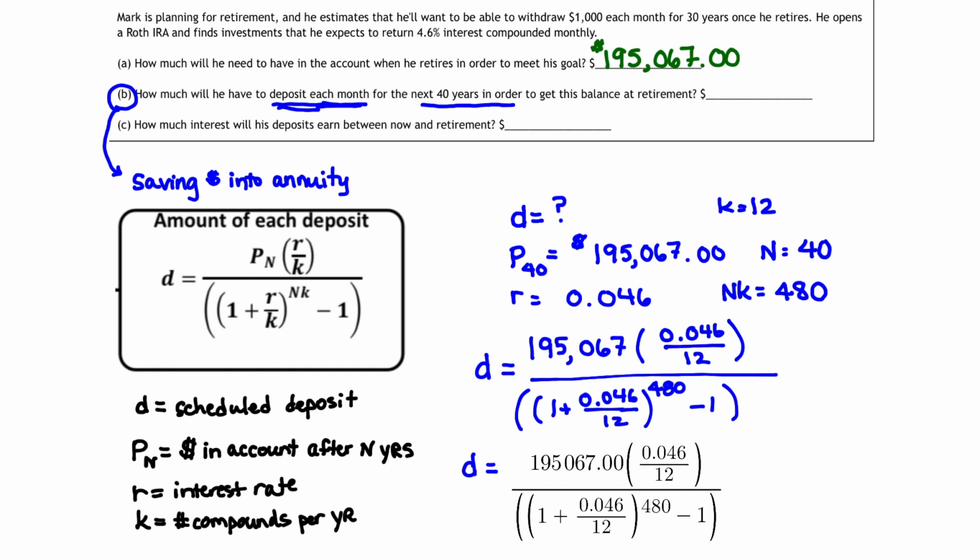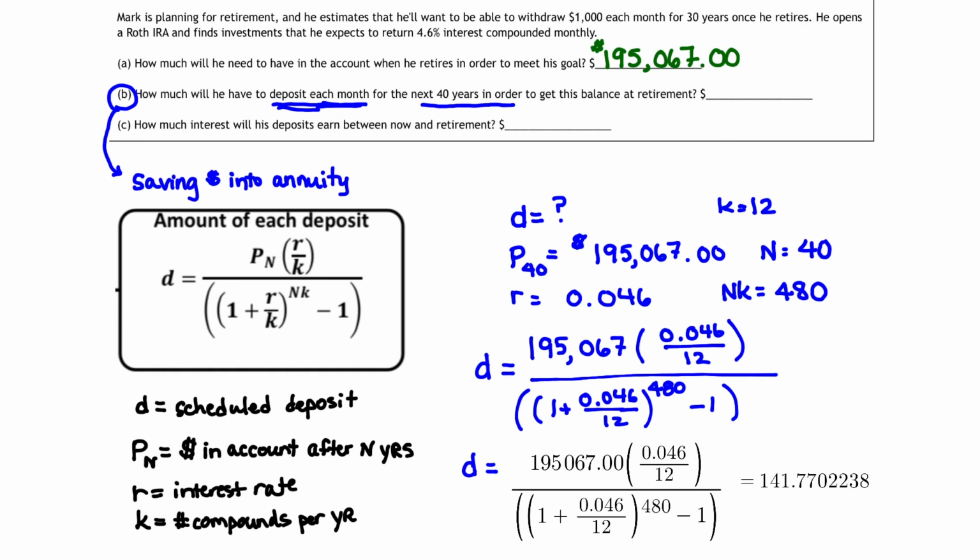So we have $195,067. We're going to multiply that times 0.046 over 12 and then divide by the quantity 1 plus 0.046 over 12 raised to the 480 minus 1. And Desmos computes it and spits out the following: 141.77022238.